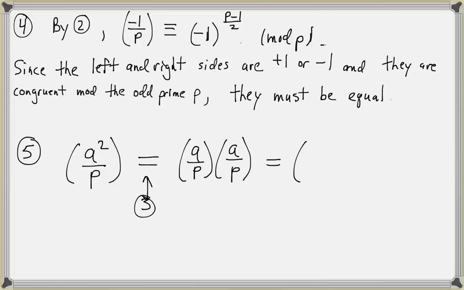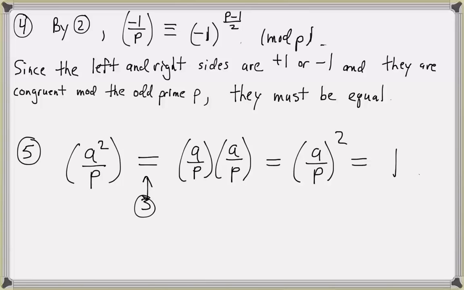Then I can write this as (a/p) quantity squared, and so whether (a/p) is 1 or minus 1, when I square it, I will get 1. So if there's a square in the top of the Legendre symbol, then that squared over p will always be equal to 1.